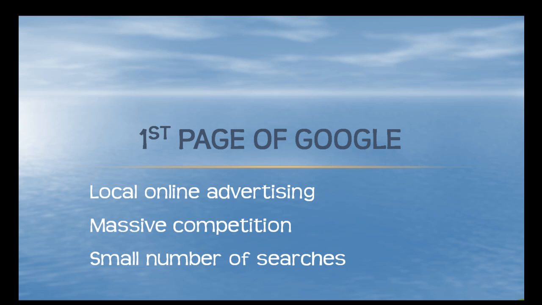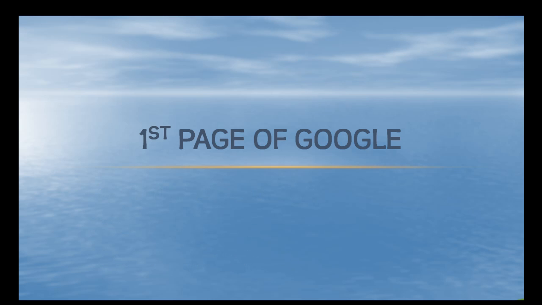So if someone is searching for a local plumbing company wherever they live, and they come to Google and put those search terms in there, we're going to show in a minute that there's only a small number of searches. But with those small number of searches, there's a huge amount of different companies going after those same results. So it produces massive competition for you as a plumbing company. So what we're going to do now is just go into Google and use their keyword tool just to back up what I'm saying here.